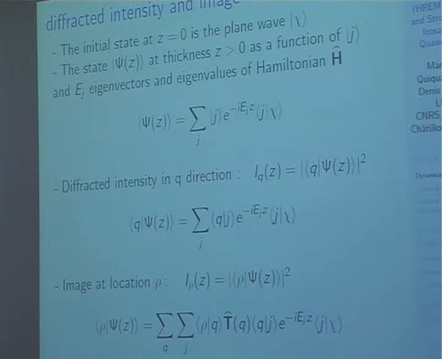At the initial state, at z equals 0, you have a two-dimensional electron that has the plane wave K, and then after the sample, the plane wave becomes psi of z at the thickness z, and this is a function of the eigenvectors and eigenvalues of the Hamiltonian H. This is the expression of the state psi.